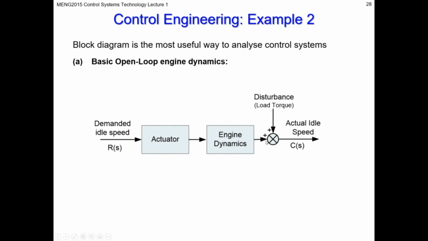Now, the problem with an open loop system generally, especially on something that is a variable and dynamic system, is that if you have a disturbance, like say your AC turns on, right? The air conditioning on a car puts quite a big load on the engine.